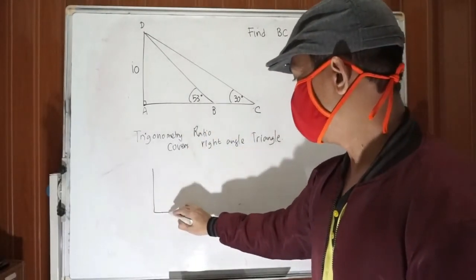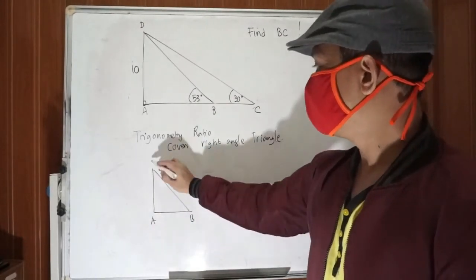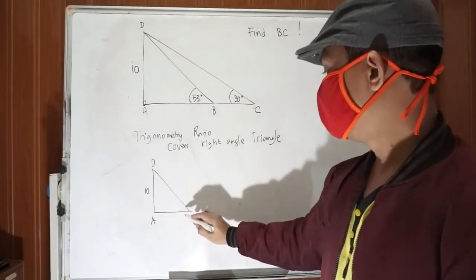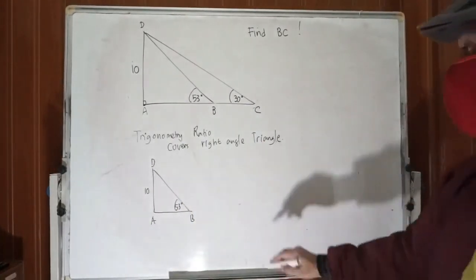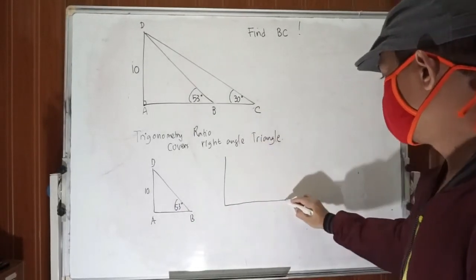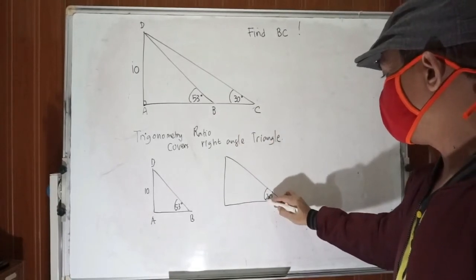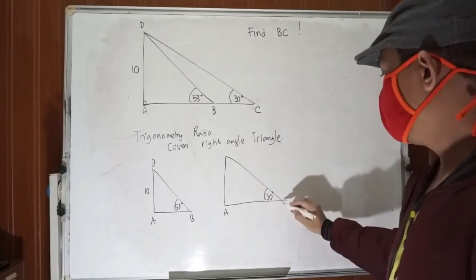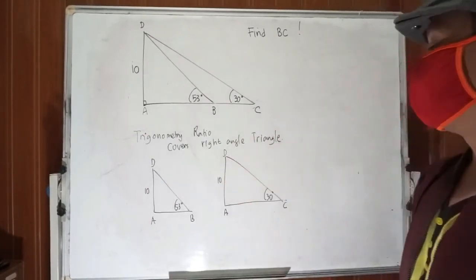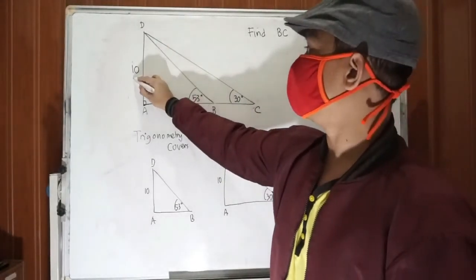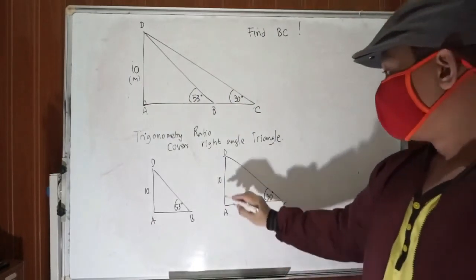The smaller one is ABD, with 10 and 53 degrees. And the bigger one is covered by 30 degrees, ACD, with 10. Let's say this one is 10 meters.